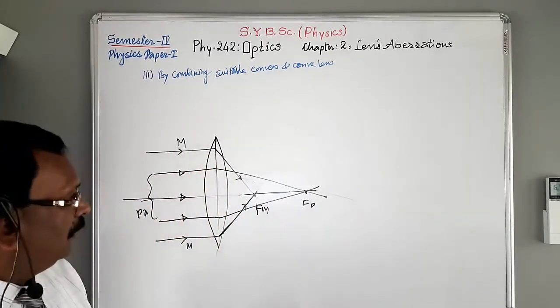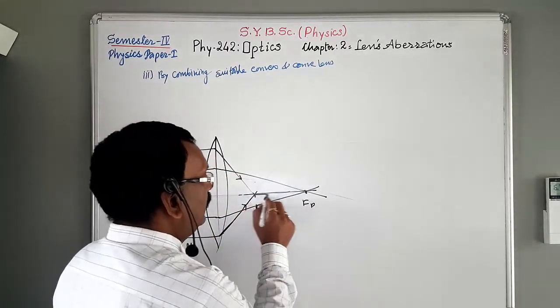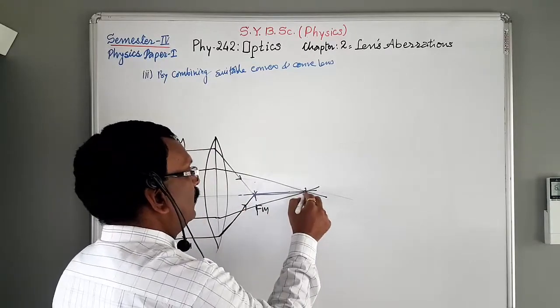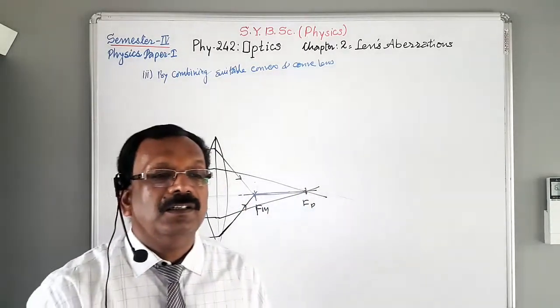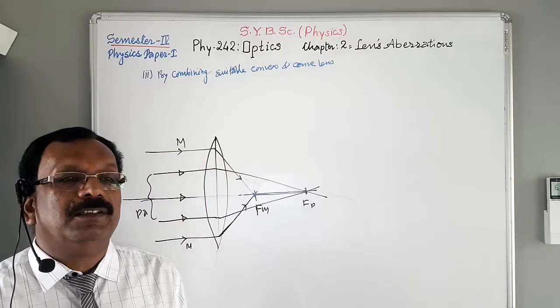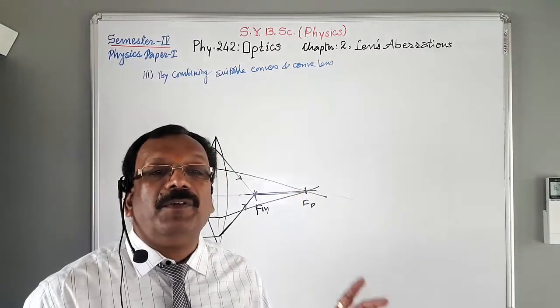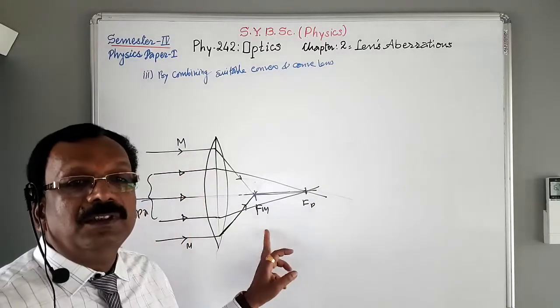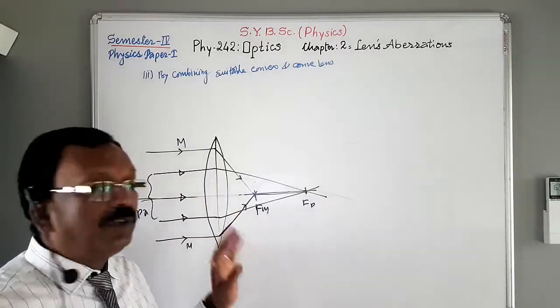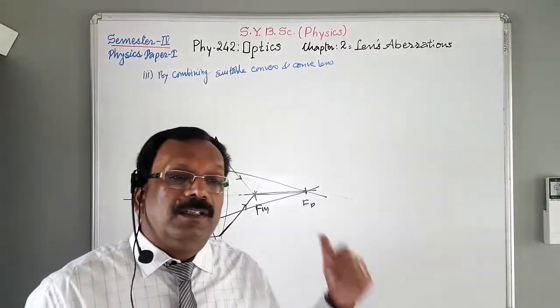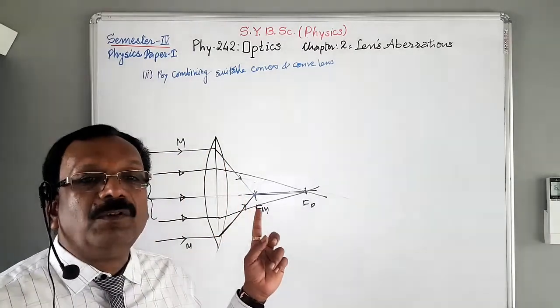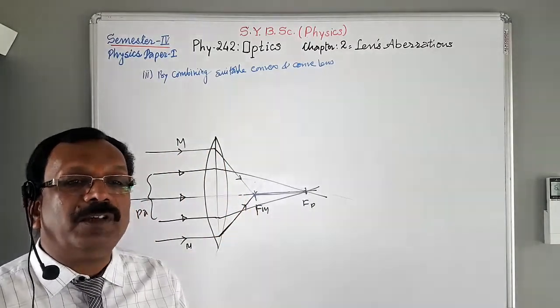This is the axial or longitudinal spherical aberration. Longitudinal spherical aberration for a convex lens is positive, while that of a concave lens is negative.